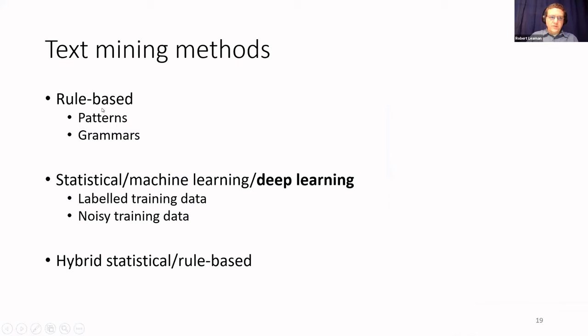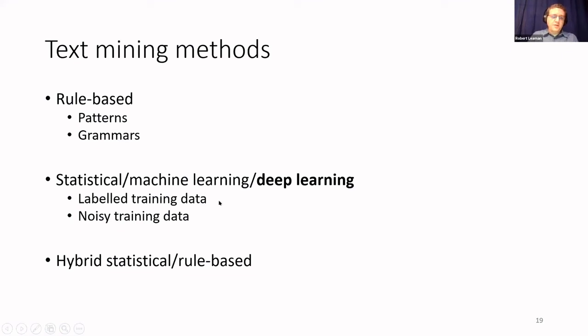Second is listed here, the rule-based, which uses patterns and grammars and requires a lot of domain expert participation in order to work well. And for this reason, much more popular has been the statistical methods, which include machine learning and also deep learning, which we'll be discussing in depth today.